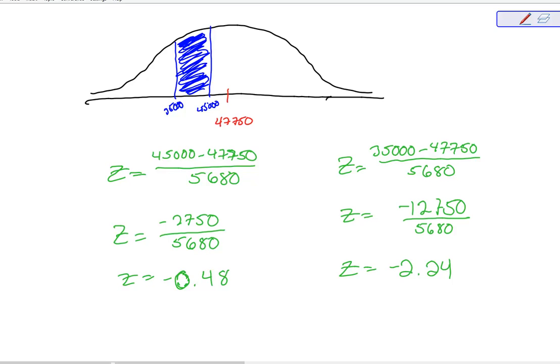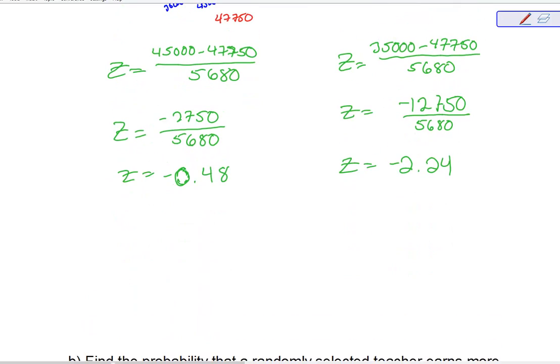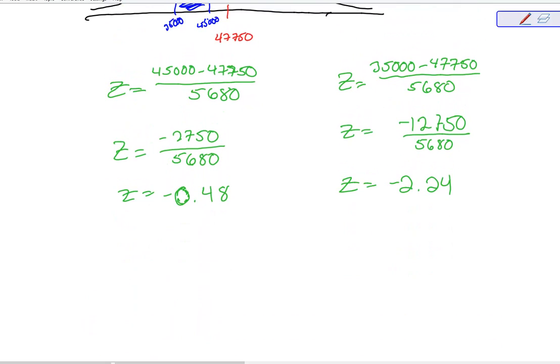Remember, since I want the probability between these two numbers, I have to look up both of them and then subtract. Remember, I do not want to subtract my z values. I want to look up each of the values on the table. When we look up the values on the table, you should have your table available for you.